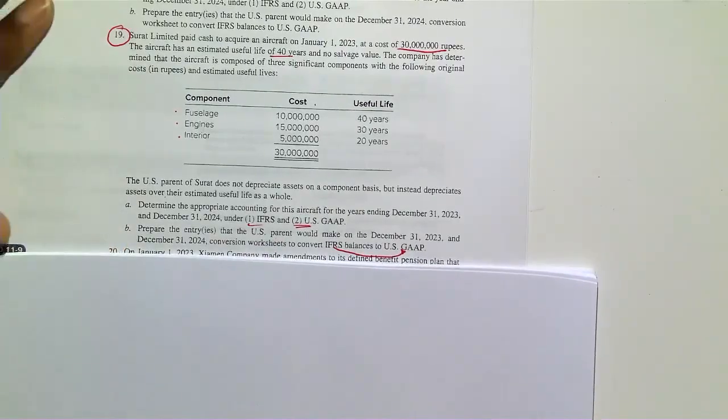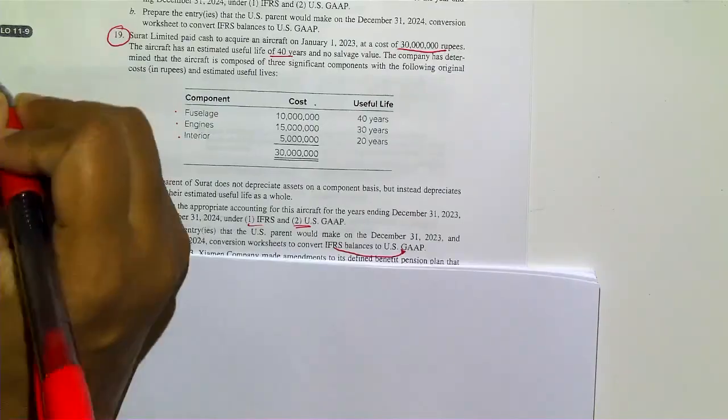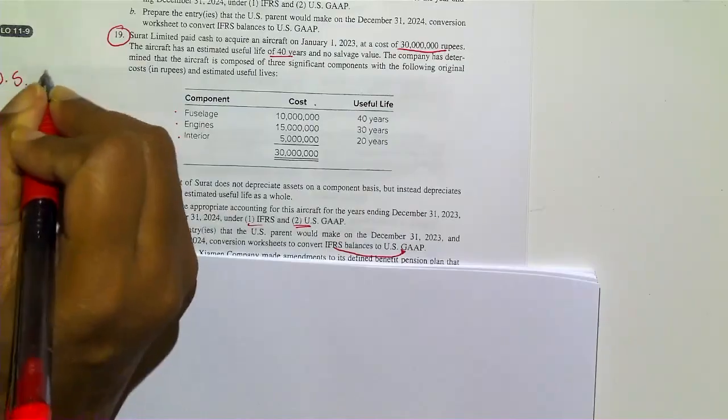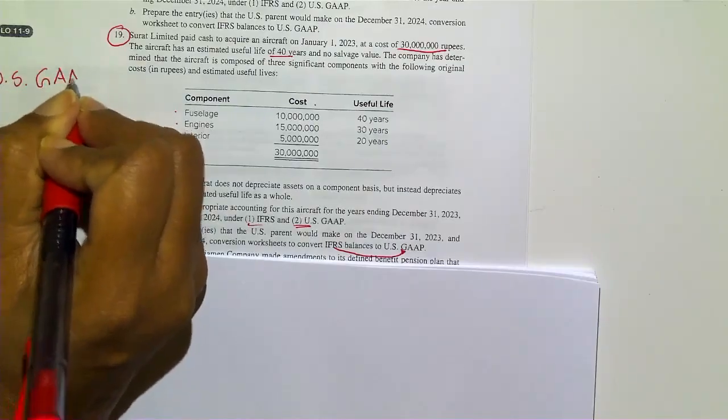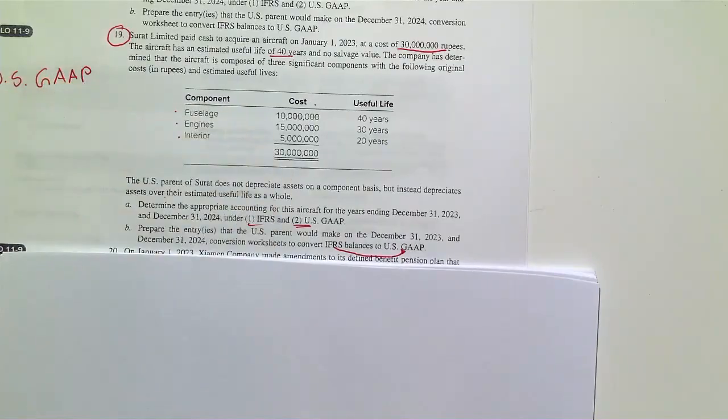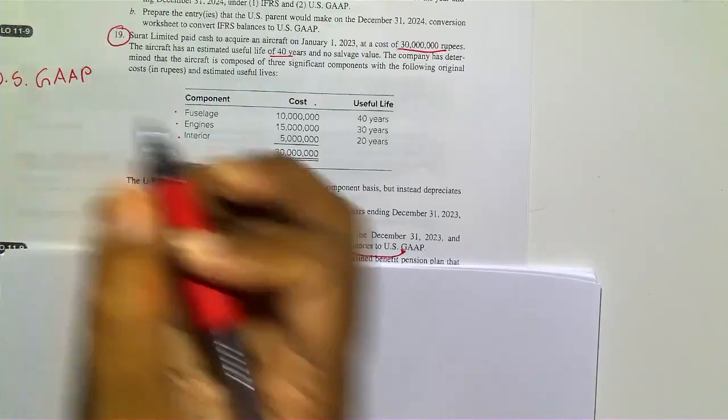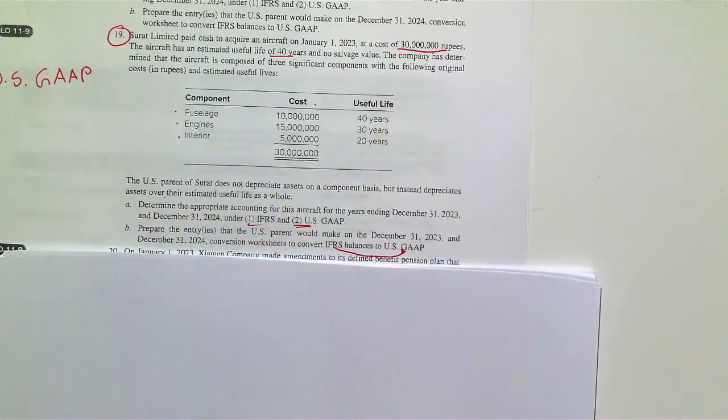Who can help me to calculate the depreciation by following the US GAAP? US GAAP will take the entire value and the life. Right, Hunter? You wanna do that? Who has a calculator? So the entire value of the aircraft is how much? Everyone, please do it. Jordan is doing it. Everyone do it and help me. Who can tell me?